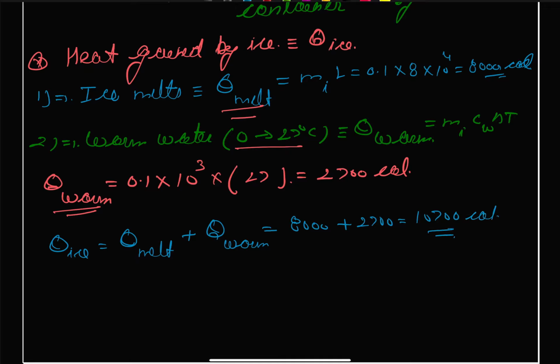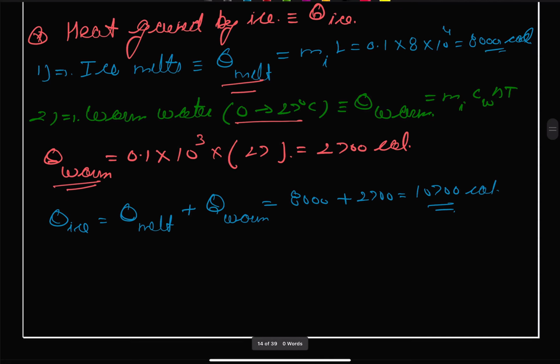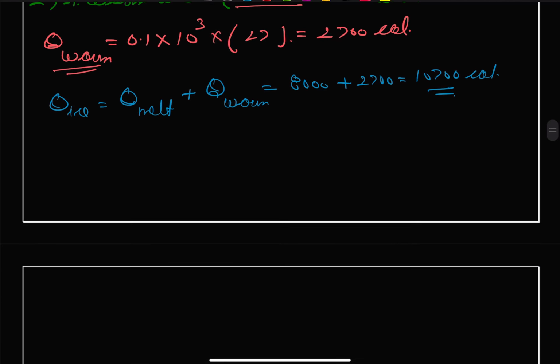Now we find out the heat lost by the container, and in this case we have to remember that the specific heat of the container is based on an empirical equation, which is basically temperature dependent. As the temperature is going to change, the specific heat is also going to change.